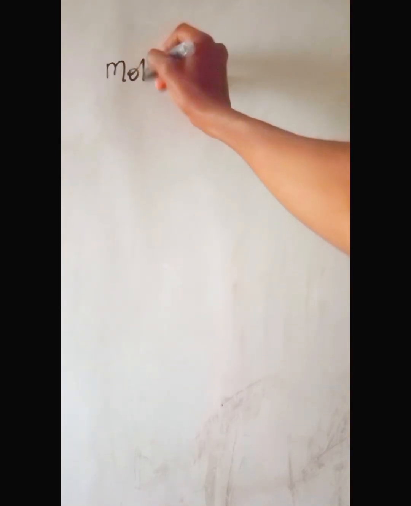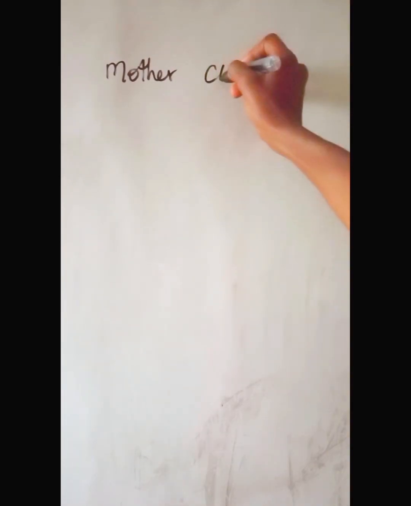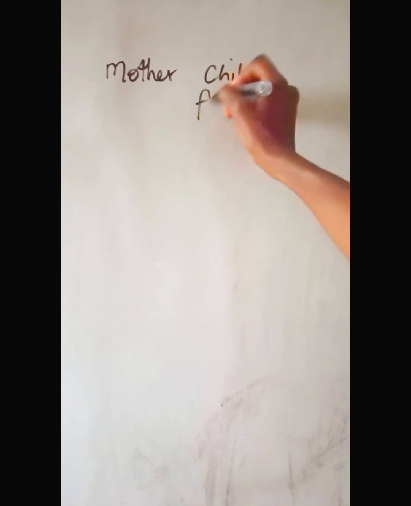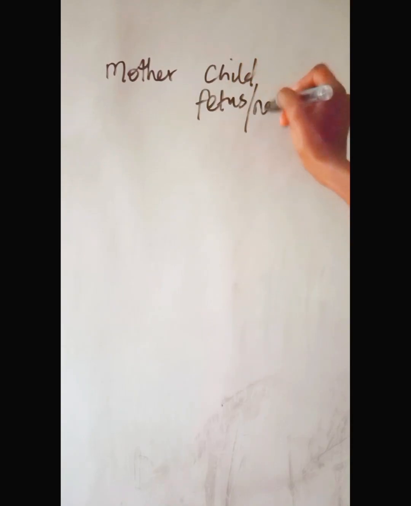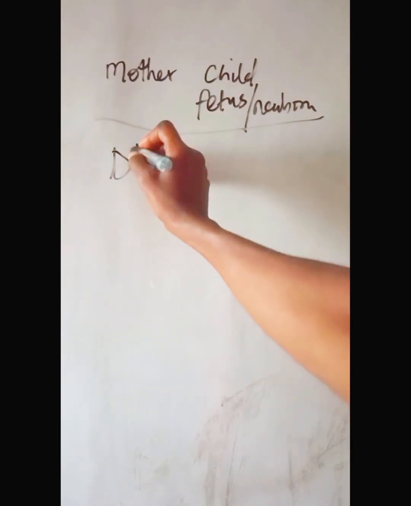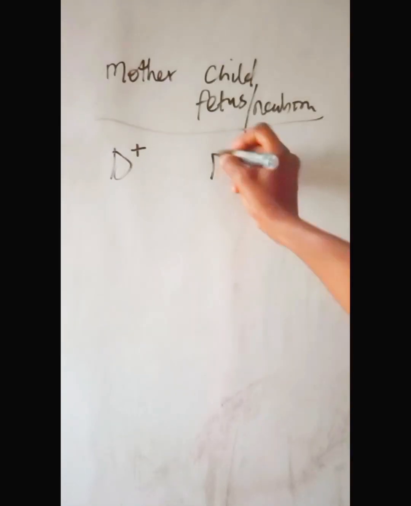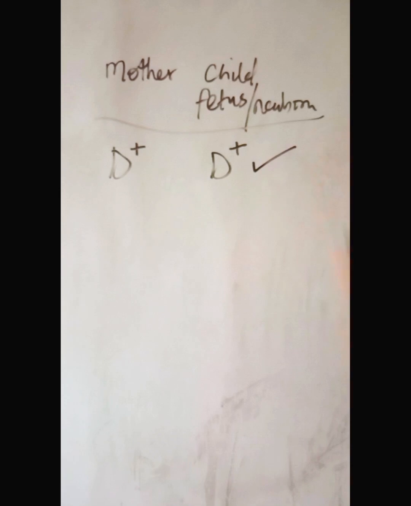Let's look at this. If this is the mother and this is her child coming as the fetus or the newborn, if the mother is Rhesus positive and the child is Rhesus positive, this won't result in any complication.